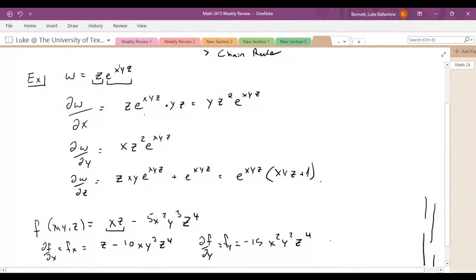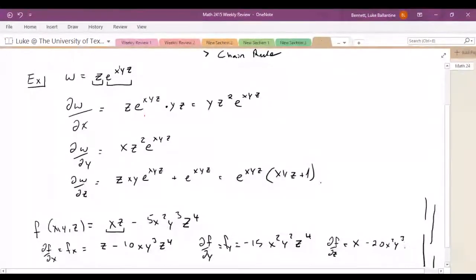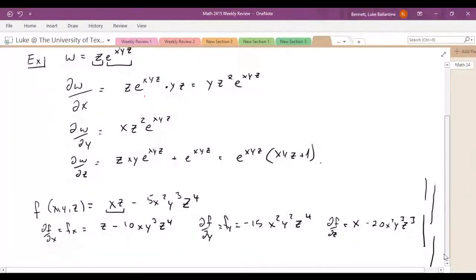And then we have the partial of f with respect to z. For the first term, the z goes away. Now we just have the constant x. Then differentiating the second term, we have a z to the fourth. So we have negative 5 times 4 will be negative 20 x squared, y cubed, z cubed.